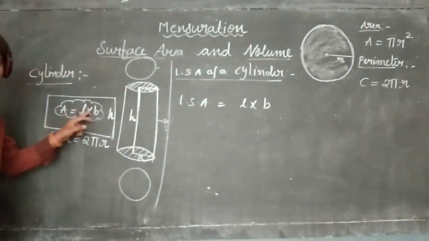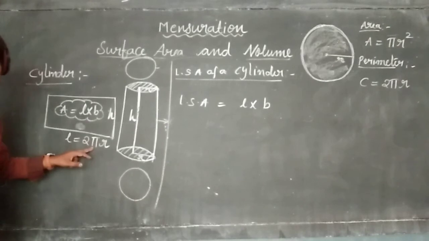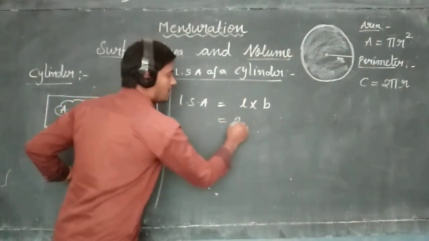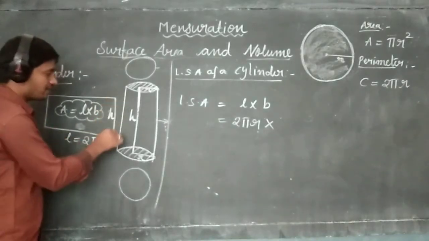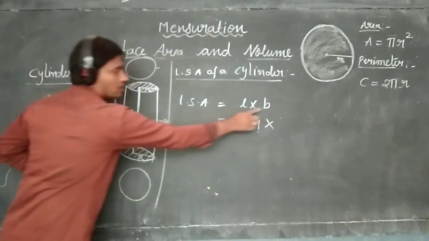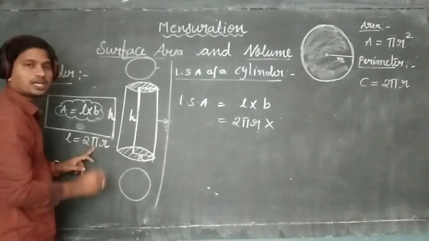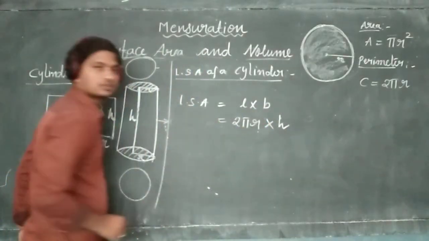Area of rectangle is L into B. Our L becomes 2 pi r, into our breadth, which becomes the height of the cylinder, h.